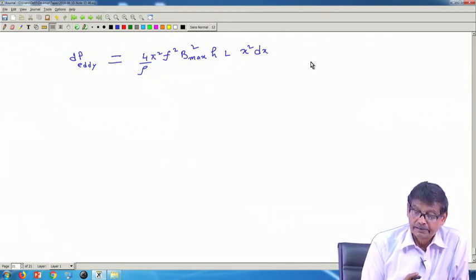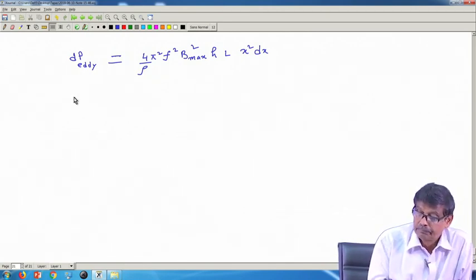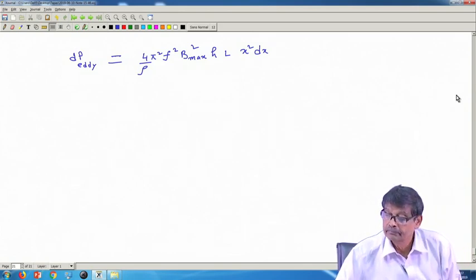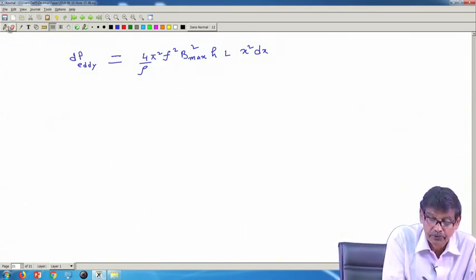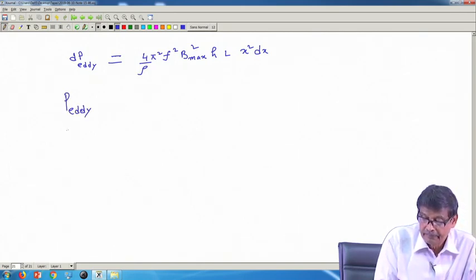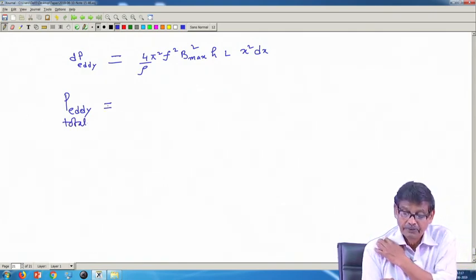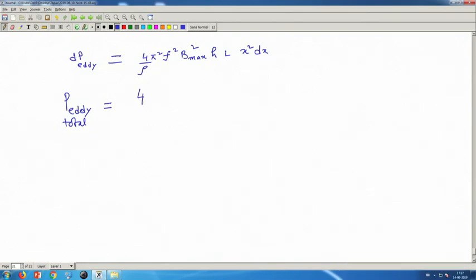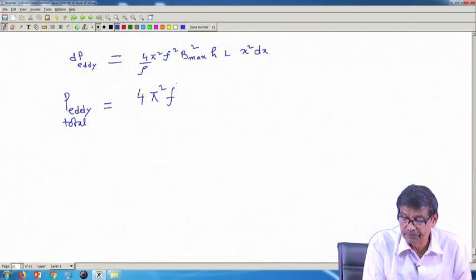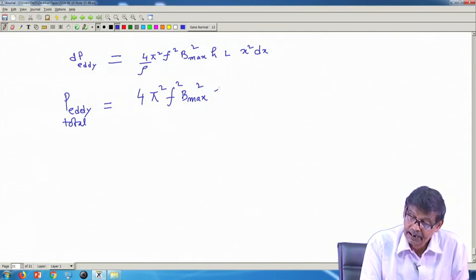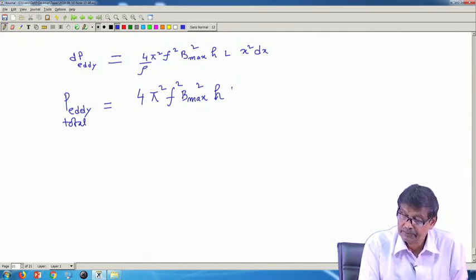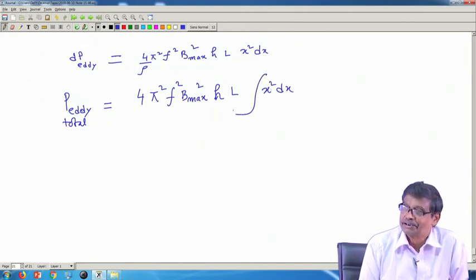Now, the question is how to get P eddy total. P eddy total in that plate will be equal to these constants, 4 pi square f square B max square into h into L, and this is x square dx, and this is to be integrated.